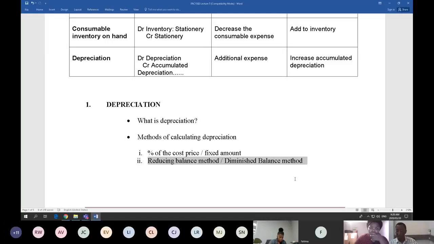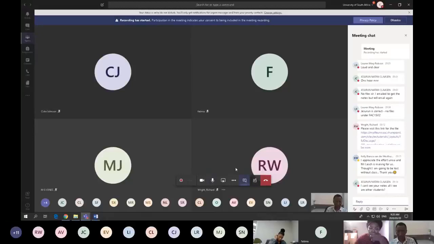So you will calculate the carrying value first, and once you got the amount of the carrying value, which is cost minus accumulated depreciation, you take the percentage on that. That is how you will calculate the depreciation. You apply the rate of depreciation in the question paper to the carrying value.